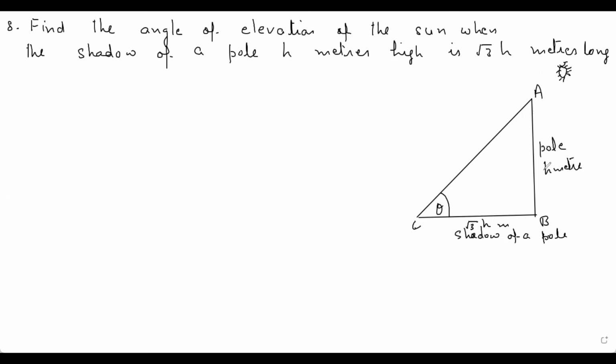Now listen again. AB is a pole, its height is h meter. BC is a shadow of a pole and its length is √3 h meter. I am to find this angle theta. Now this is perpendicular. This is base. This is hypotenuse.